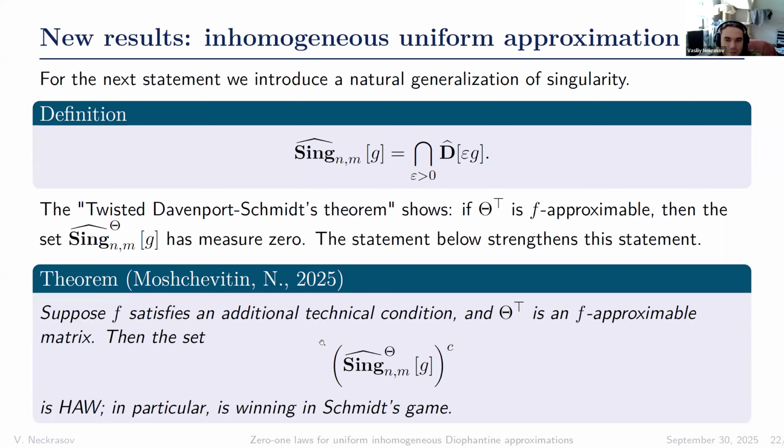I'm just mentioning it more or less for completeness. This is not a very strong statement. Knowing that something is already of full measure, there's no surprise that this set is winning, but of course, one does not imply the other. So we also know that this set is winning, and we will have some application of this statement later, which is probably more interesting than just the general statement.